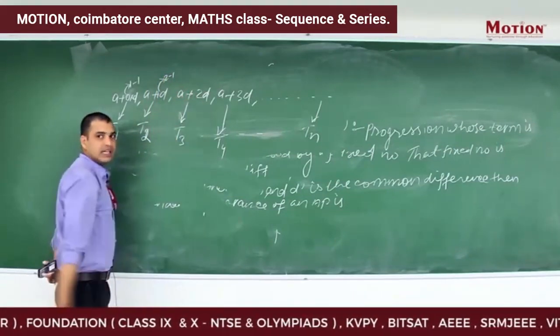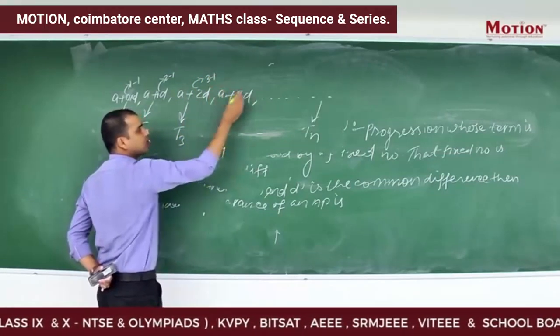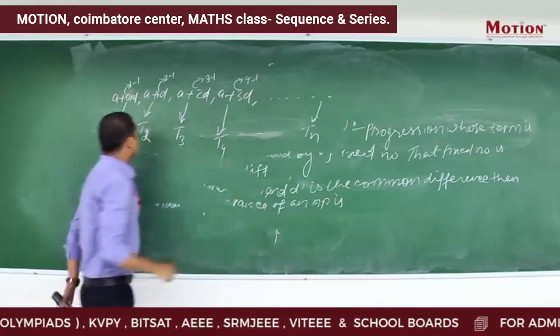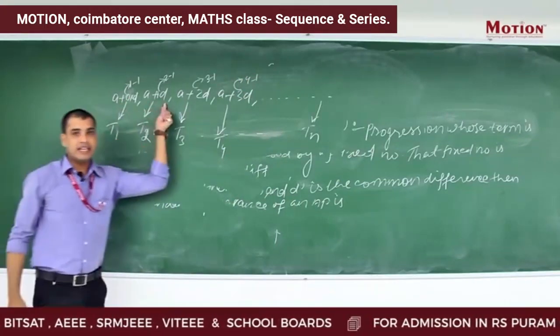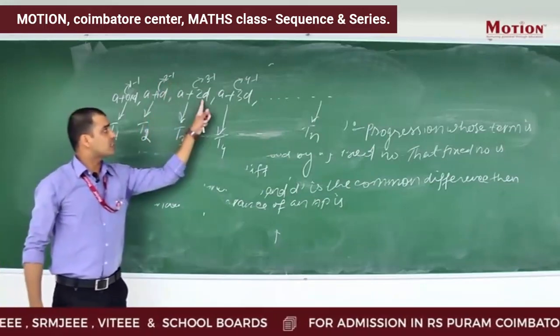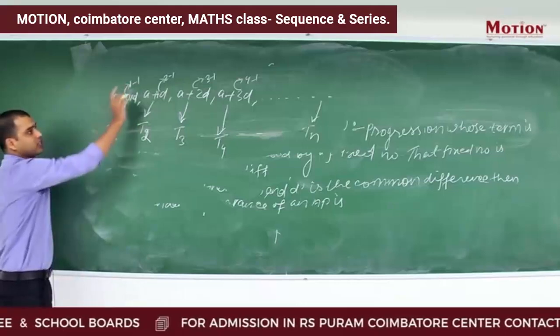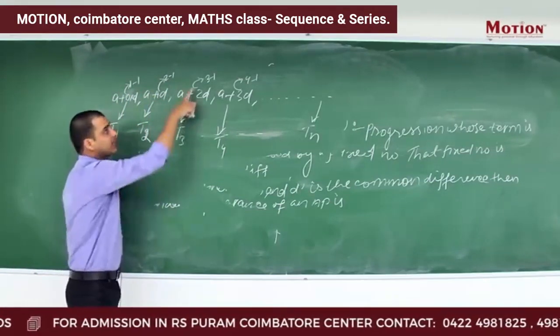The coefficient of D is 2, so we write 3 minus 1. The coefficient of D is 3, so we write 4 minus 1. So the first term gets 1 minus 1, the second term 2 minus 1, the third term 3 minus 1.